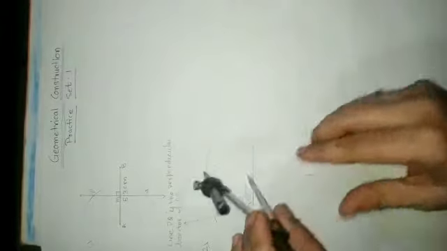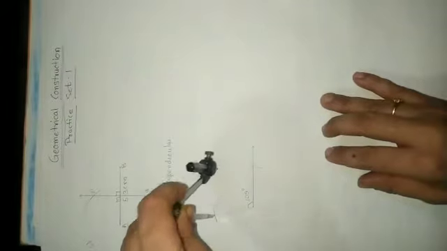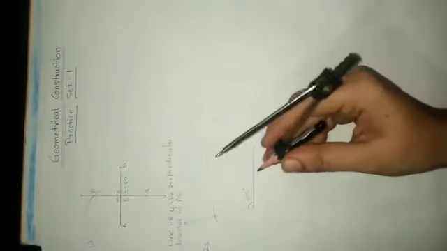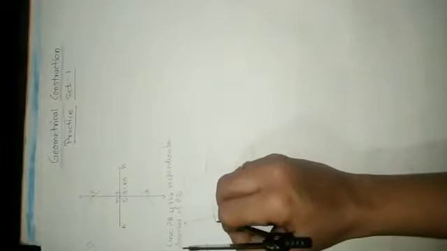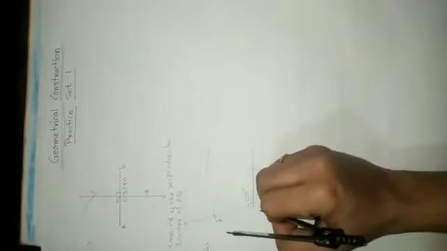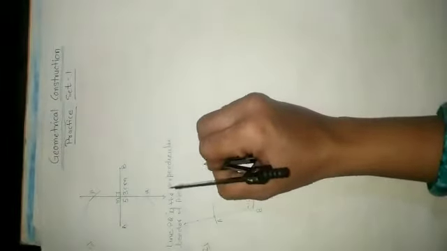Without changing the distance, put the steel point on the other arc and mark another arc here. Now name this angle as A, B and C, and the new point you get as Q. Now join B and Q.